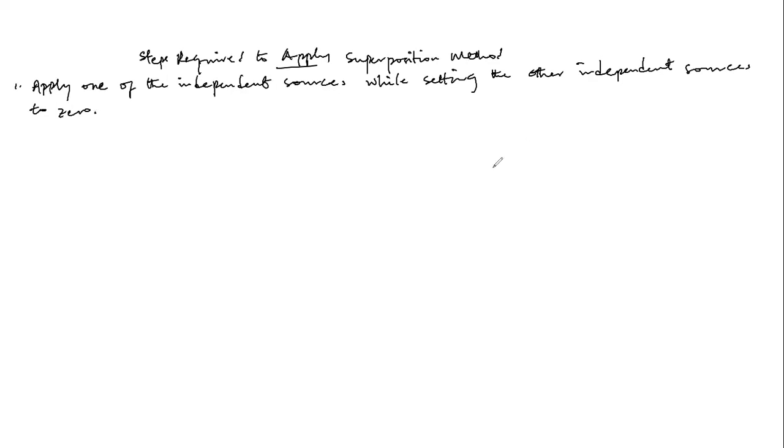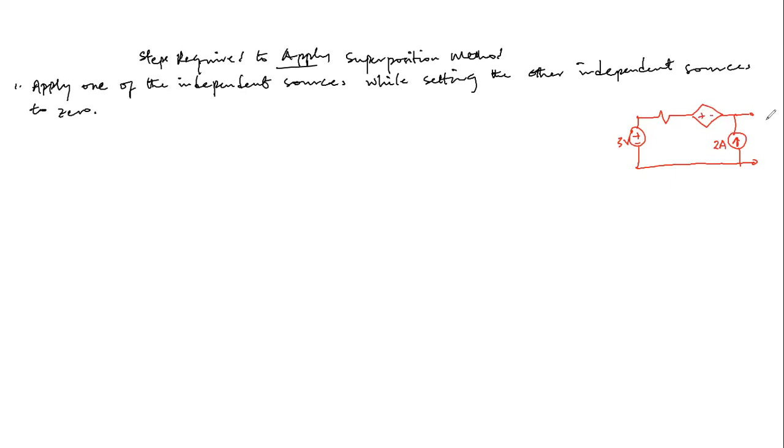So let us assume we have a circuit that looks something like this. Here we have a 3 volts voltage source, then we have a 2 ampere current source.